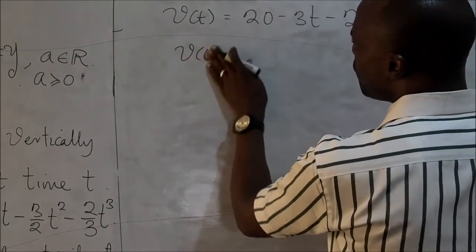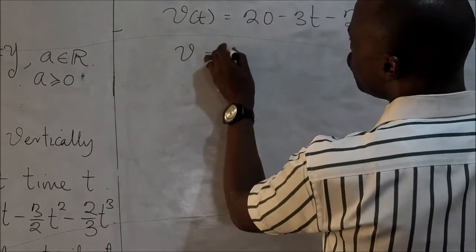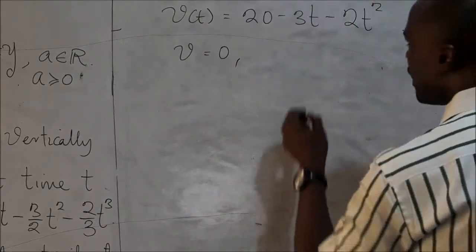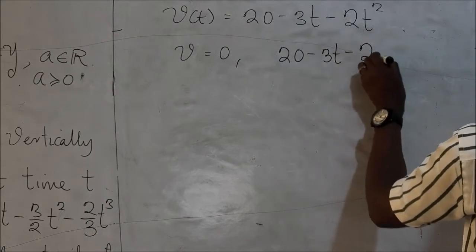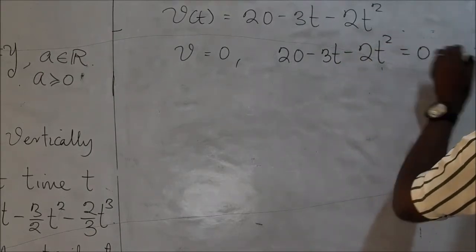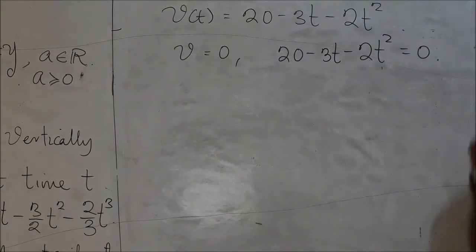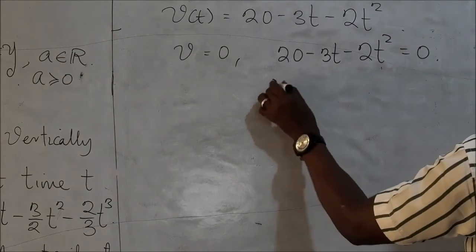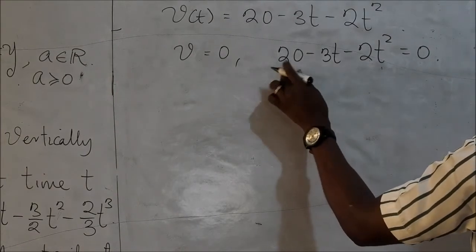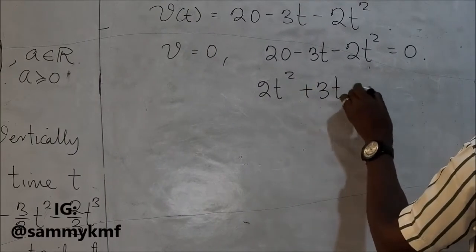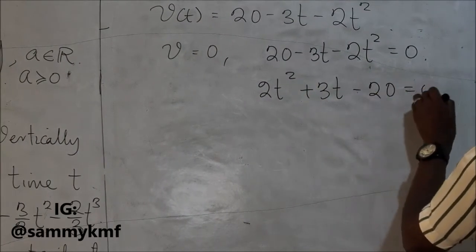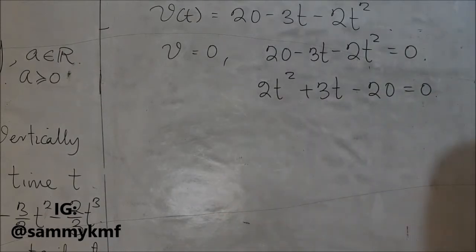So v of t equals 0. That is where we find our t. So 20 minus 3t minus 2t squared equals 0. You can multiply through by minus 1 to have 2t squared plus 3t minus 20 equals 0, to arrange it properly.